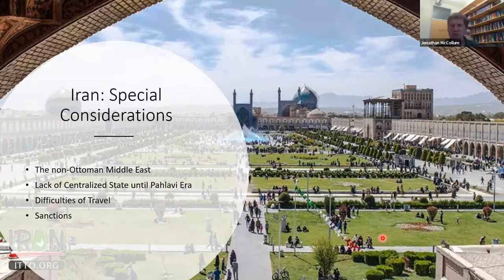If, say, you're an American citizen like me, it becomes very difficult to travel in Iran without a liaison or a guide. Likewise, these larger genealogical organizations that have appeared in recent years cannot do business in Iran because of the sanctions imposed on the country by the United States.